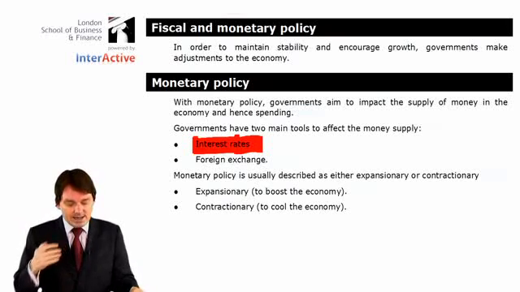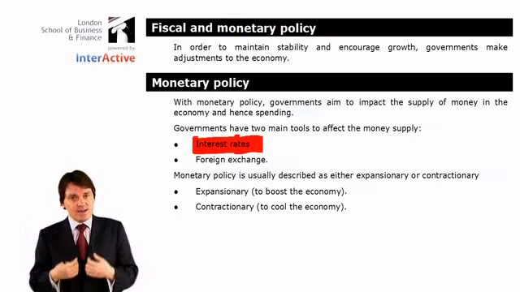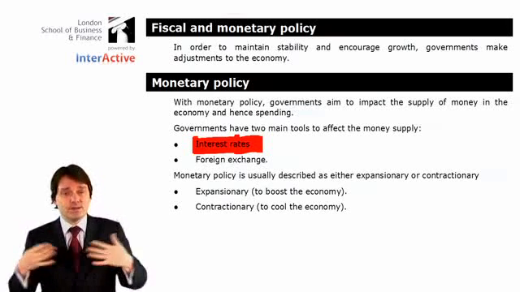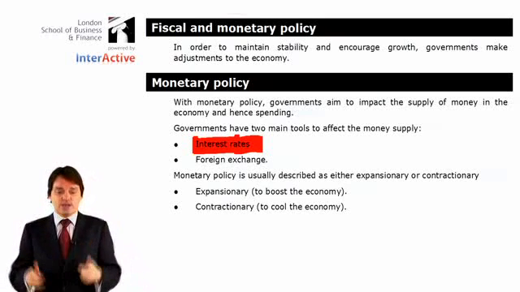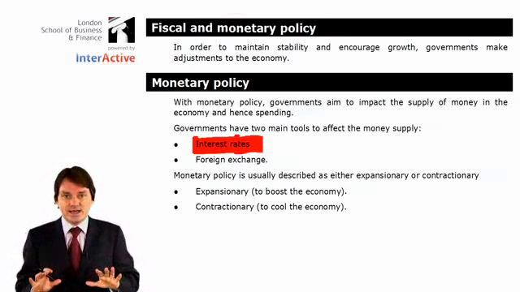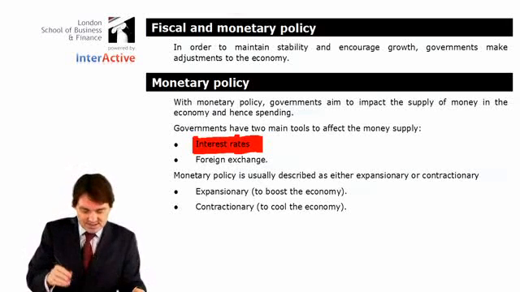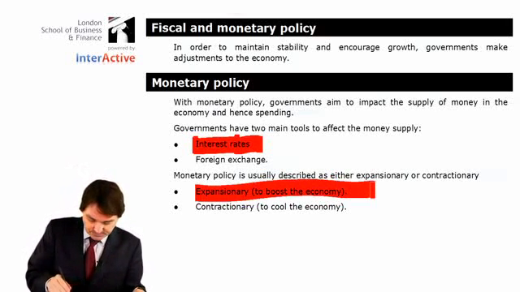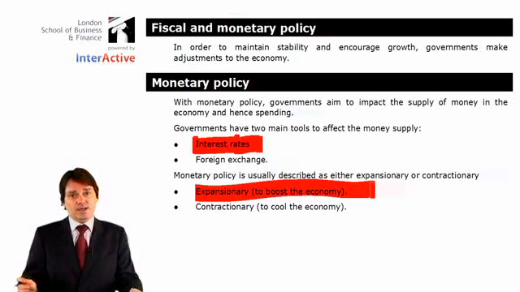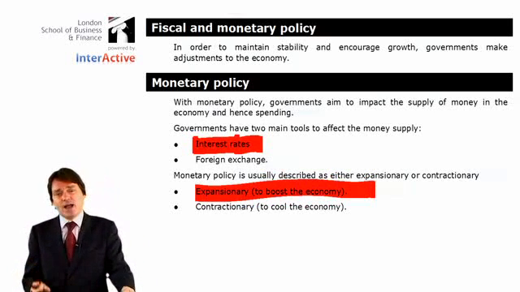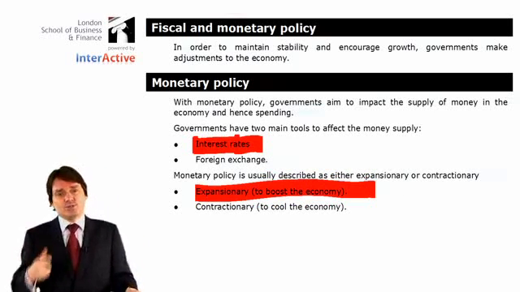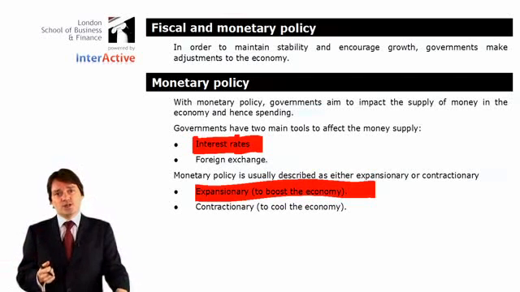So in some countries, the government might be able to say, we will put interest rates up, we will put them down. Again, very, very broadly, and please appreciate this is a complicated subject and we're not worried about the complexities of it. Very, very broadly, you put interest rates down if you want to boost the economy. Interest rates going down means people don't have to spend as much on their mortgages.